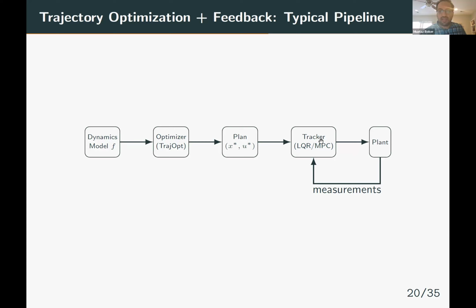You take that and feed it to the tracker, either LQR, linear quadratic regulator, or model predictive control. The tracker then forces the plant to follow x star and u star. This is one of the traditional ways of solving optimal control in real life.